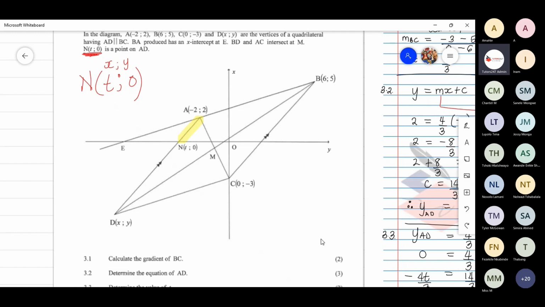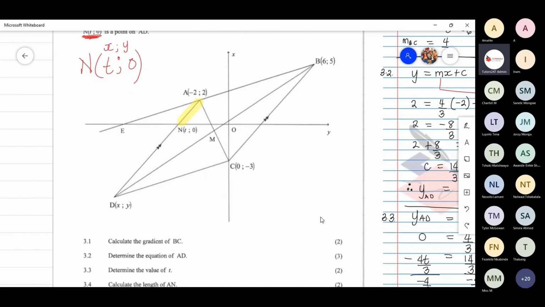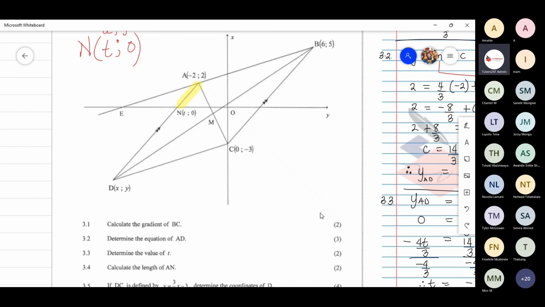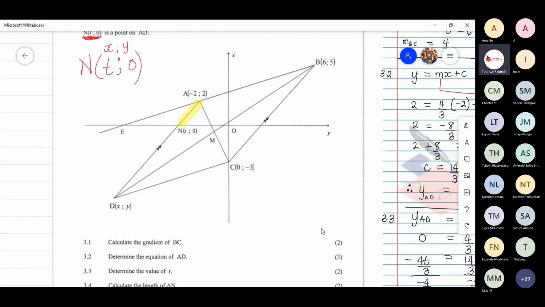So let us now go and calculate the length or the distance of AN, keeping in mind that in order to calculate distance of AN, this is not the same as gradient. You can't use any points on the line. You have to use the end points of that specific line.